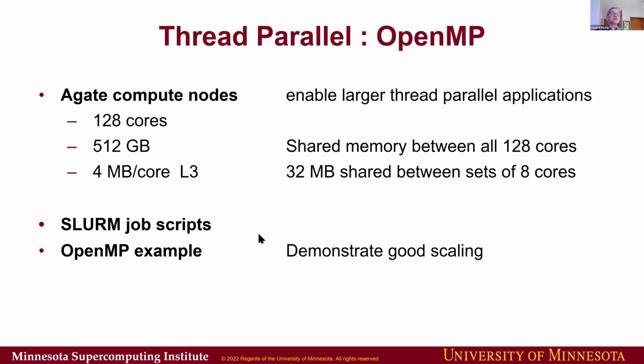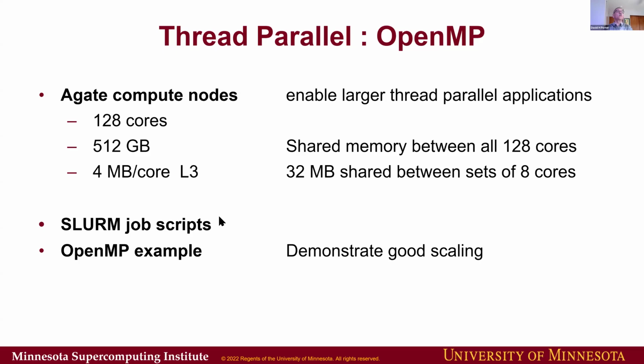The next example is on thread parallel or shared memory parallel computing. And Agate is a really great cluster for this kind of thing because of its large, high core count, large memory nodes.